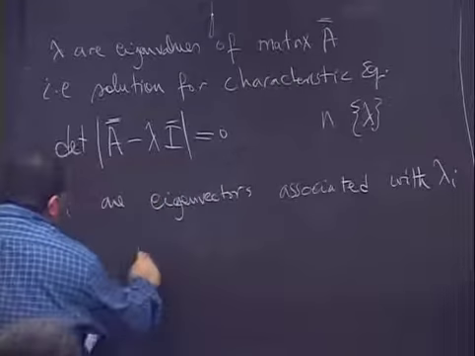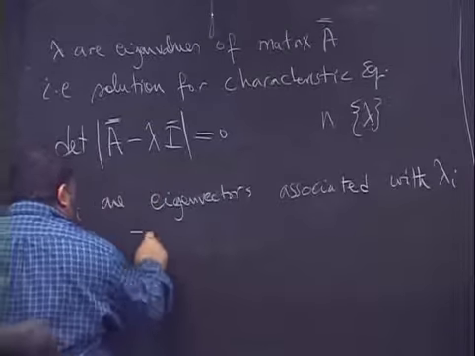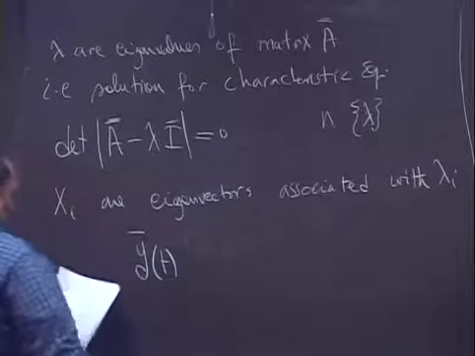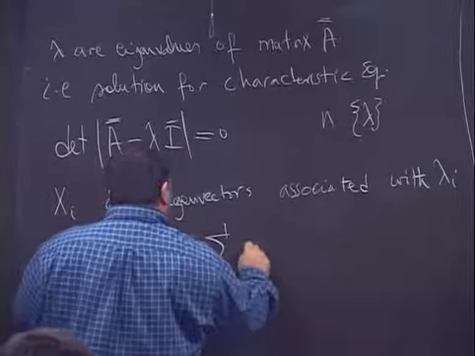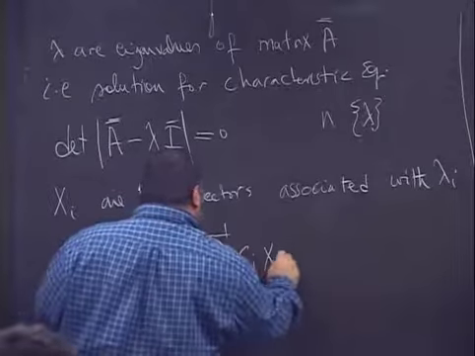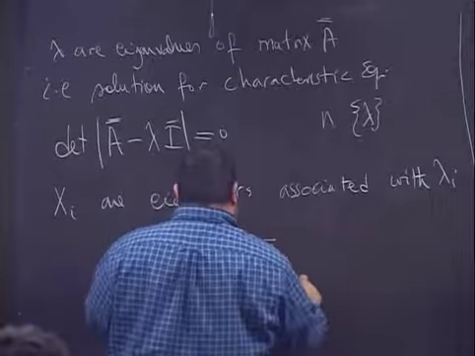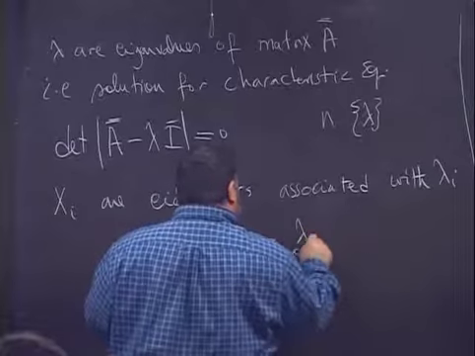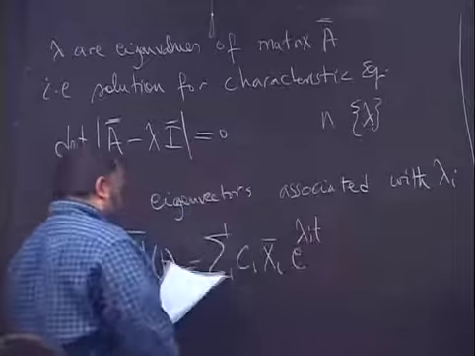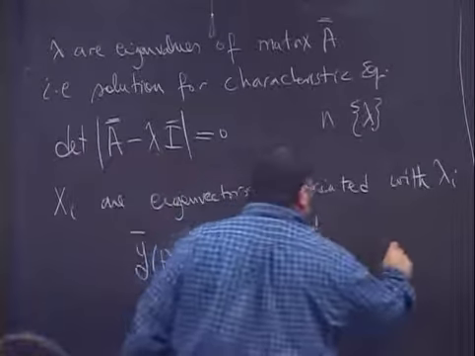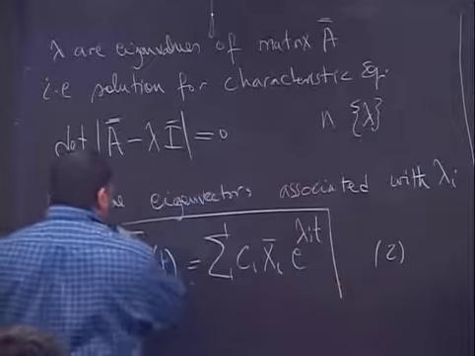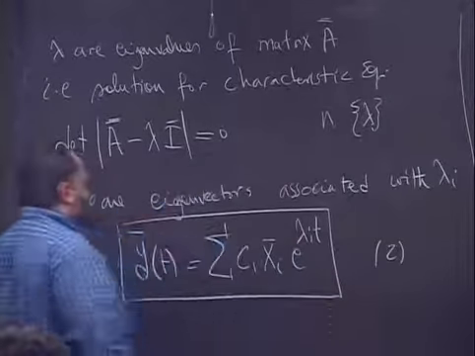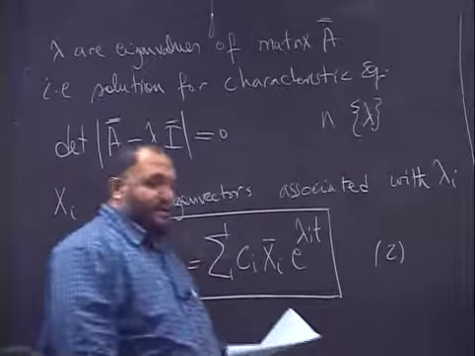So the most general solution will be the vector y of t, the summation of c sub i x sub i e to the power of lambda i t.